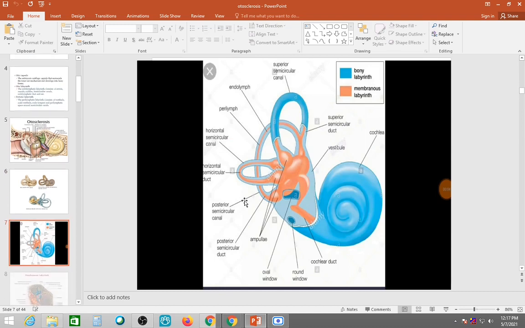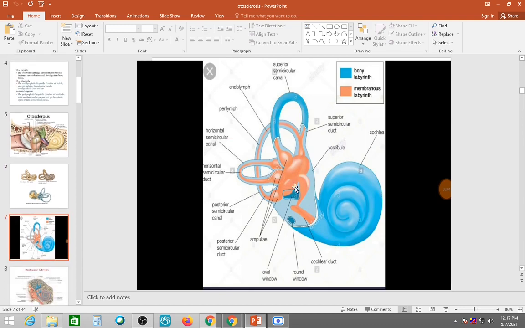And the second slide, you will understand more now. The membranous labyrinth contains the endolymph, and the bony labyrinth contains the perilymph; the endolymph is inside, and the perilymph surrounds the endolymph. The cochlear duct, round window, oval window, ampulla, and posterior semicircular duct are all anatomical structures of the inner ear.